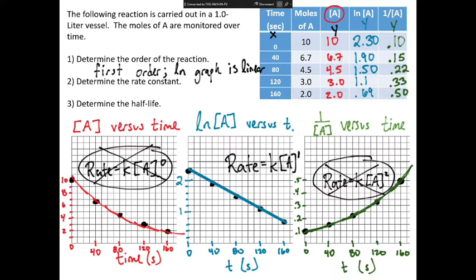And then my last point was 160, 0.69. Slope is just going to be your change in y over your change in x.